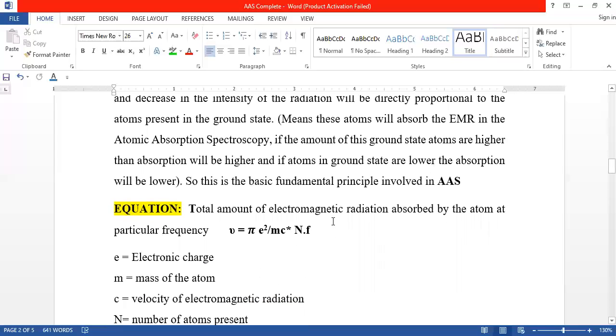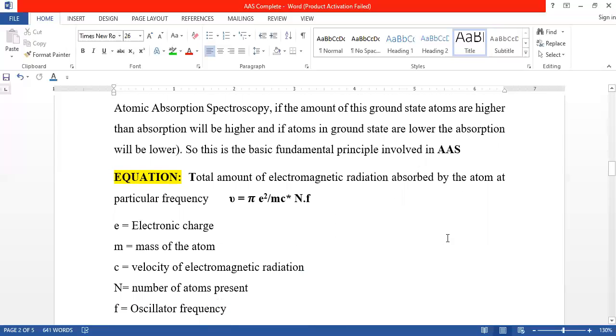What is e? Electronic charge. What is m? Mass of the atom. What is c? c is the velocity of electromagnetic radiation, as we have already discussed in our previous lectures on visible spectrophotometer. N is the number of atoms present, and f is the oscillator frequency.